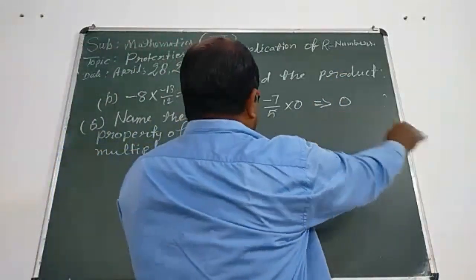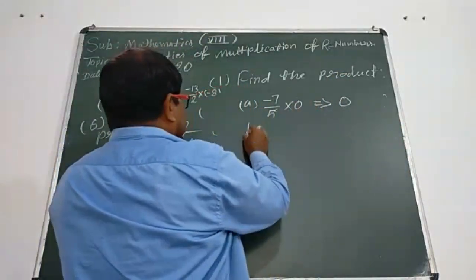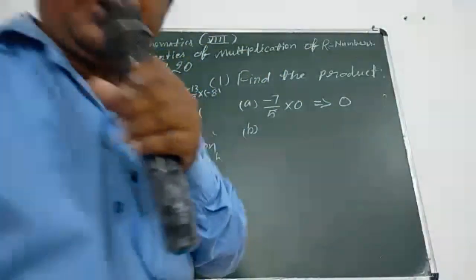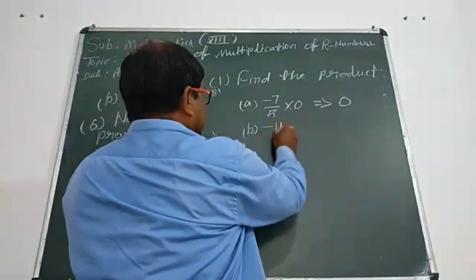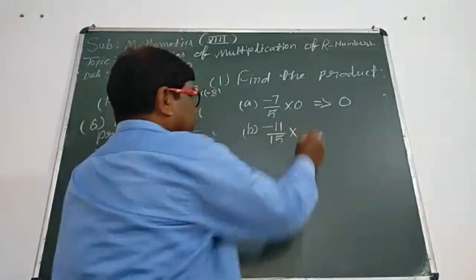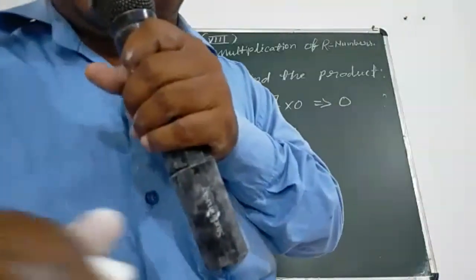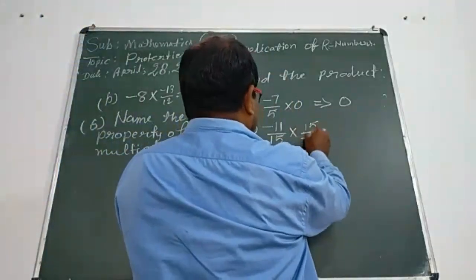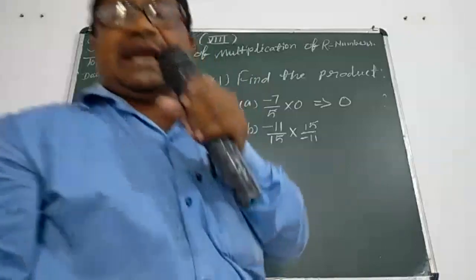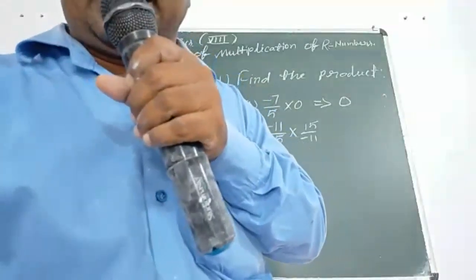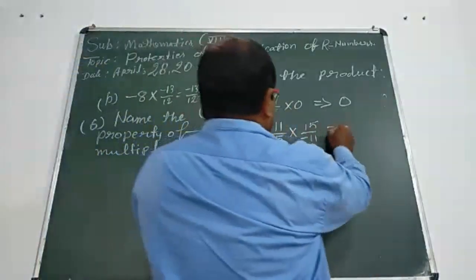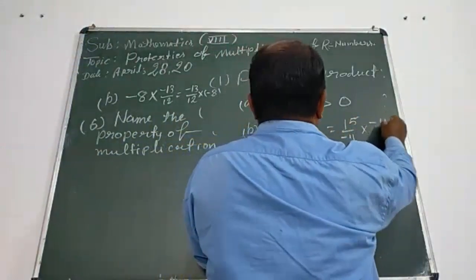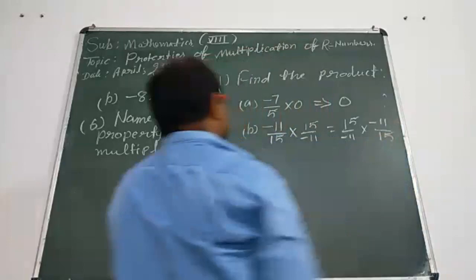You will write only the name of the property here. Question number B: minus 11 upon 15 multiply 15 upon minus 11 equal to 15 upon minus 11 multiply minus 11 upon 15.